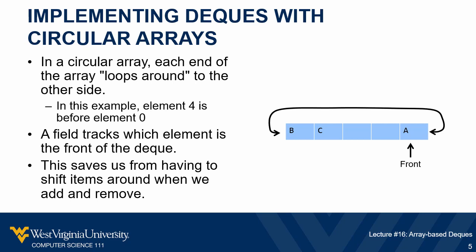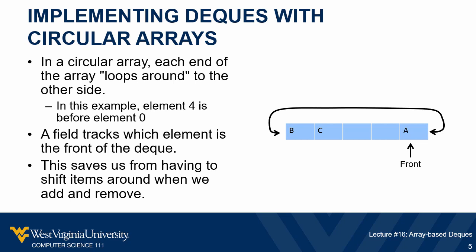So here, element A, which is our front, is stored in index 4. Index 0 is not the front, even though it's index 0. But basically we say that 0 comes after 4, and vice versa, with 4 coming before 0.